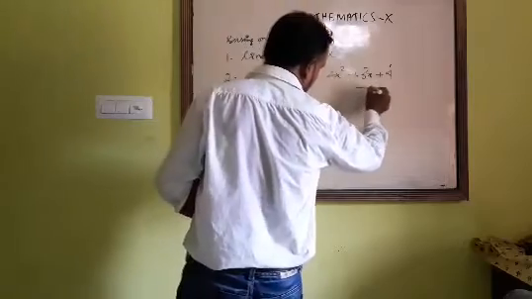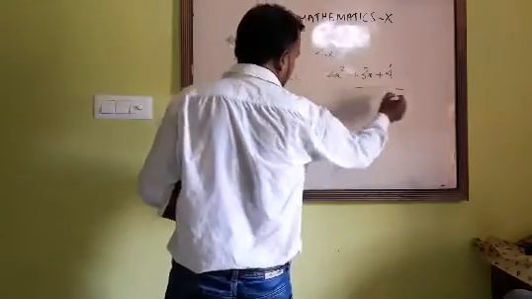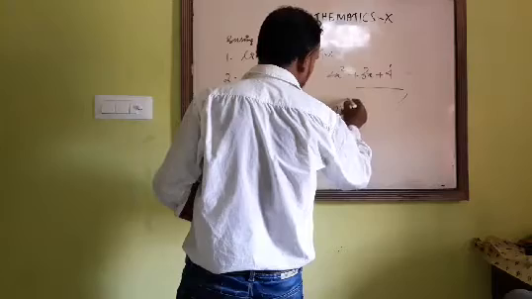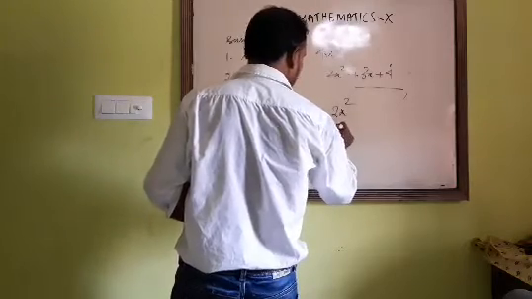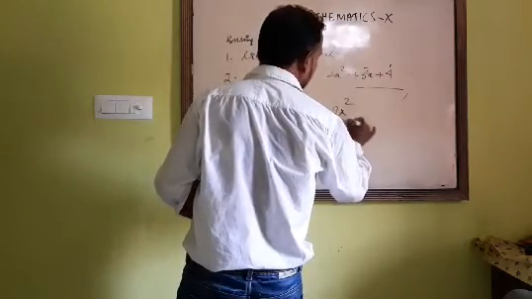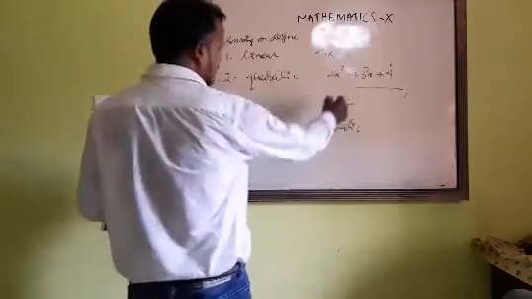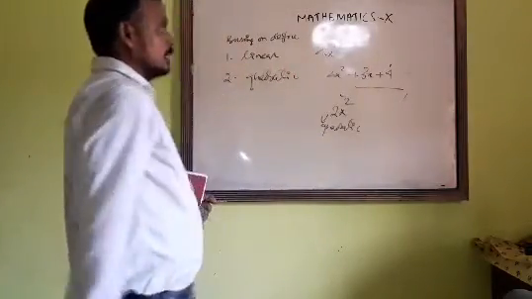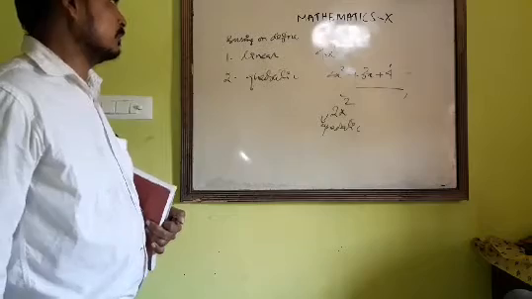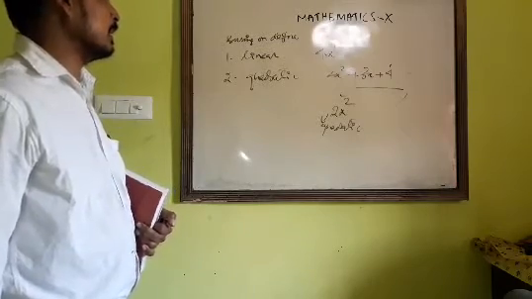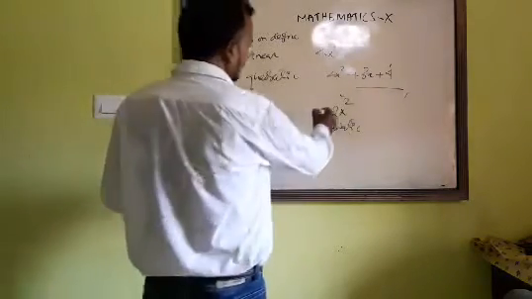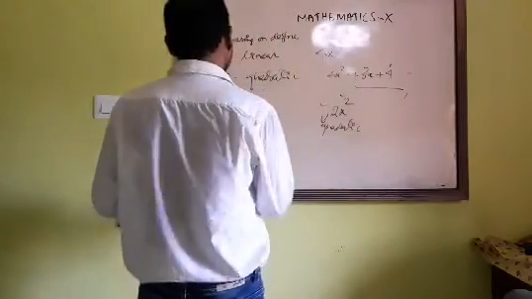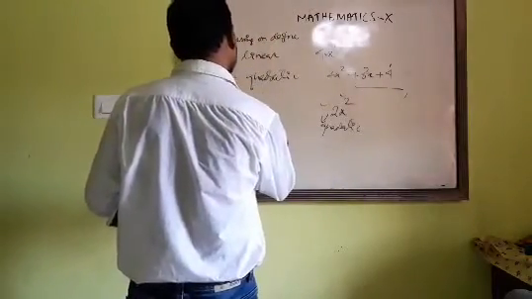If you remove these two terms also, if the polynomial is only 2x to the power 2, it is also quadratic. It doesn't depend on the number of terms, but it simply depends on the degree, the power. And this is quadratic.